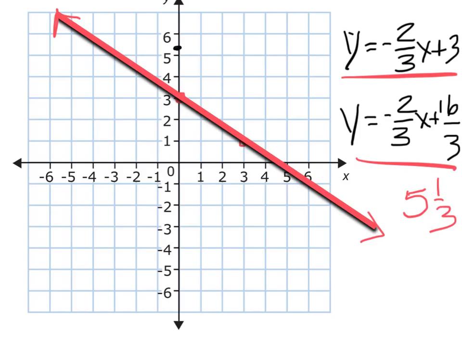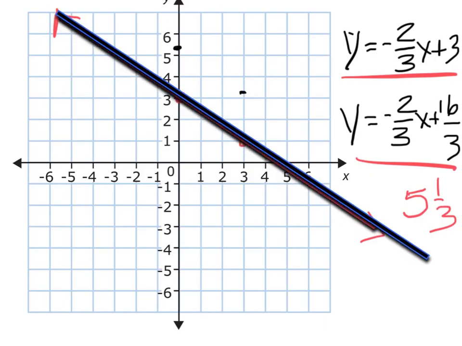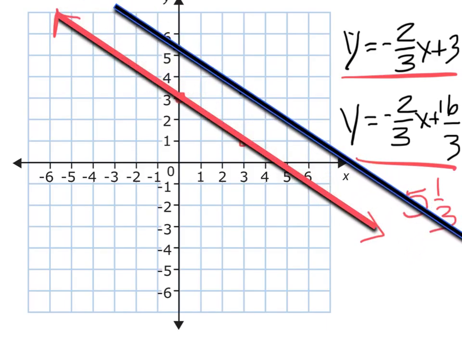So you have to go down 2 and then to the right 3. So it's going to be there approximately. And then make a line. And hopefully this turns out to be parallel. Yeah, that'll work out. And I just have to put arrows on it. So notice that they will never touch, and that's because they have the same slope, negative 2/3.